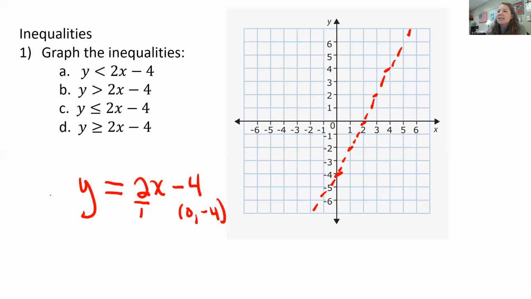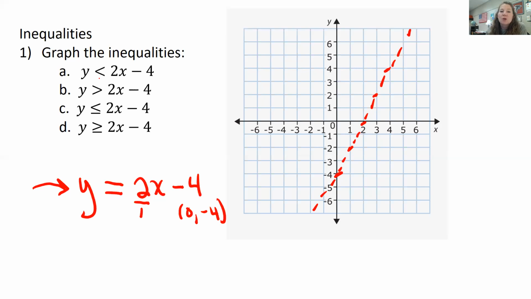I graphed it just as if it was an equation, except I'm doing a dashed line instead of a solid line. Now I have to shade the parts of that graph that would make this true, because this doesn't say y is equal to this, it says y is less than this. Any number for y that makes this true would be part of the solution set. Think about a coordinate plane.